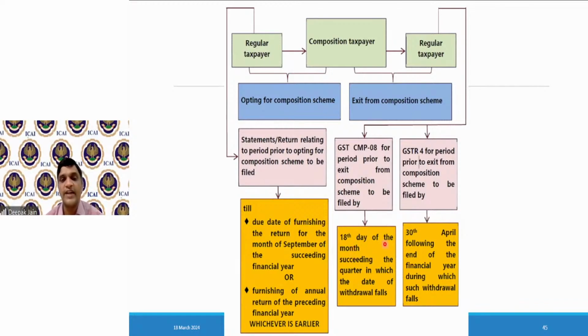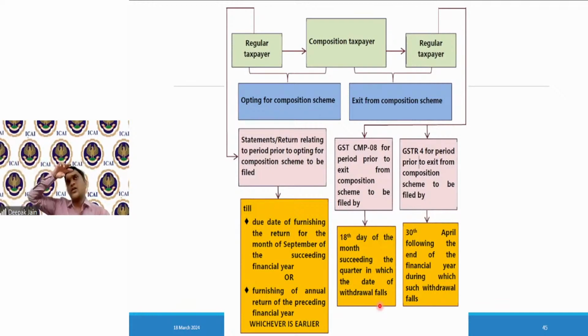You have to file it by the 18th of the month succeeding the quarter in which the date of withdrawal falls. तो आप जब withdraw करते हो तब तक उस क्वार्टर का आप CMP 08 फाइल करोगे, right? So if you move to the regular, it doesn't mean कि composition का tax जो है वो आप नहीं पे करोगे. Of course you will pay, correct? So you will pay by the 18th of the month succeeding that quarter.